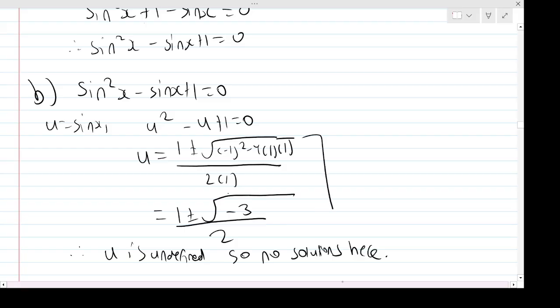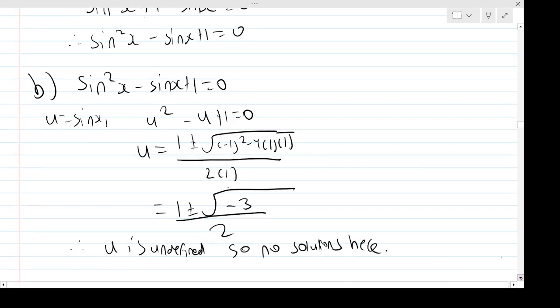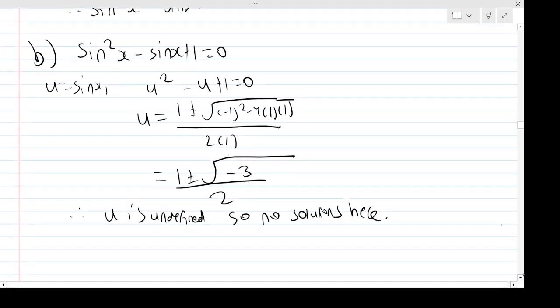Now, I find it a bit of a rough way of doing it. What's the more formal, proper way of doing it? Remember when we looked at the discriminant, if it's talking about no solutions, the discriminant of a quadratic, remember the discriminant is b squared minus 4ac, the discriminant has to be less than 0, which again means the square root has to be negative in this case.